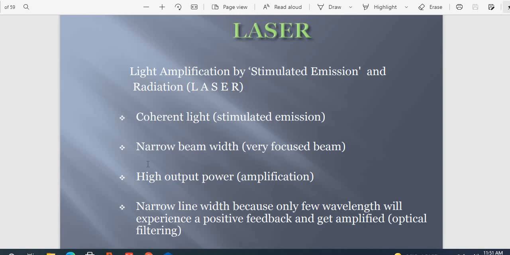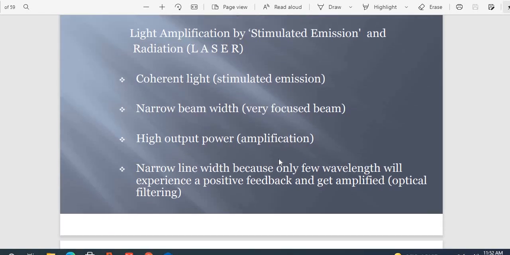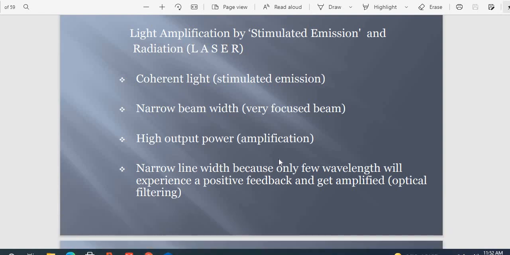This can be done by using coherent light stimulated emission and a narrow beam width, because the beam width needs to be very small, to get more focus. If the width becomes smaller, the light intensity will be more. Second is high output power, because we are applying amplification.